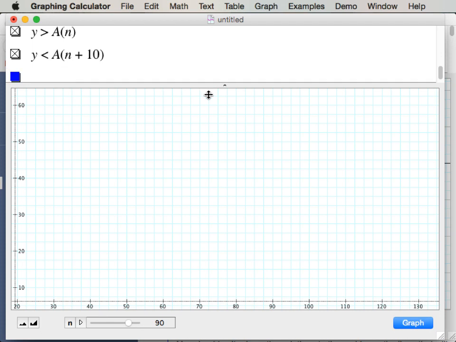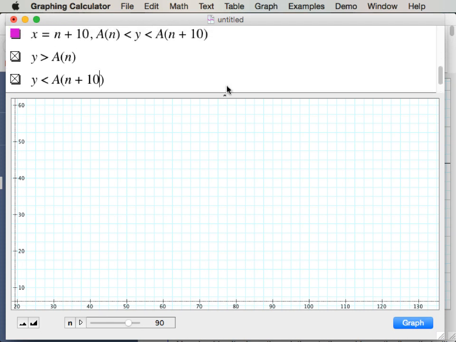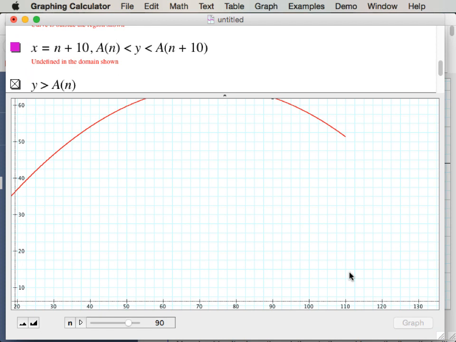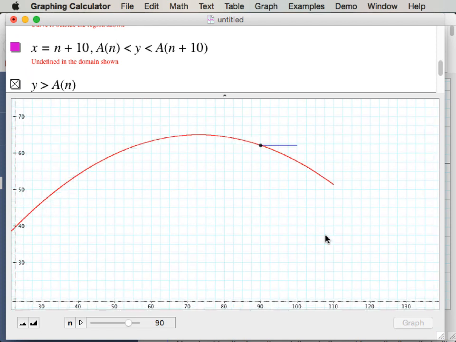So I'm just going to split that apart into two lines. All right, so what am I going to see when I turn that on? I've got y is greater than a of n.